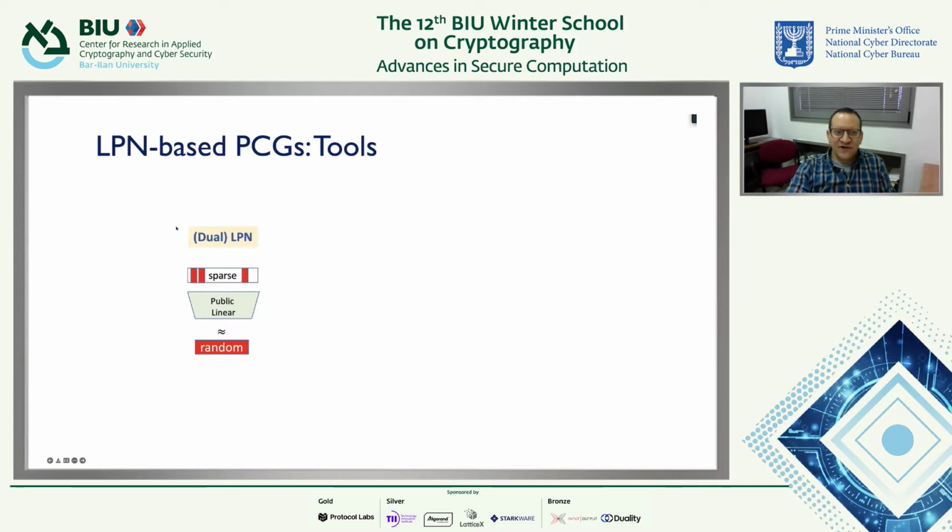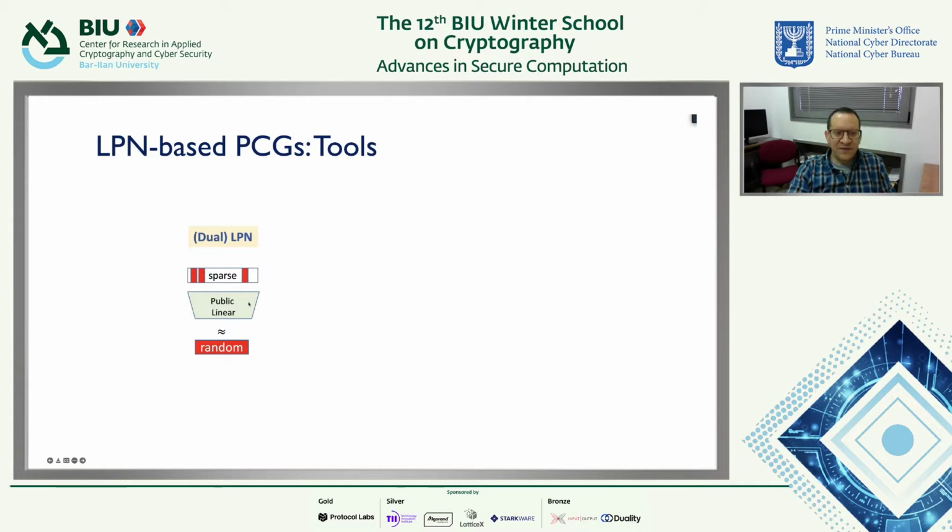In the dual form of LPN, which is technically equivalent to the primal version that I've defined before, only for the dual code, here we don't encode, but we compress. So we take a sparse vector, a random sparse vector.